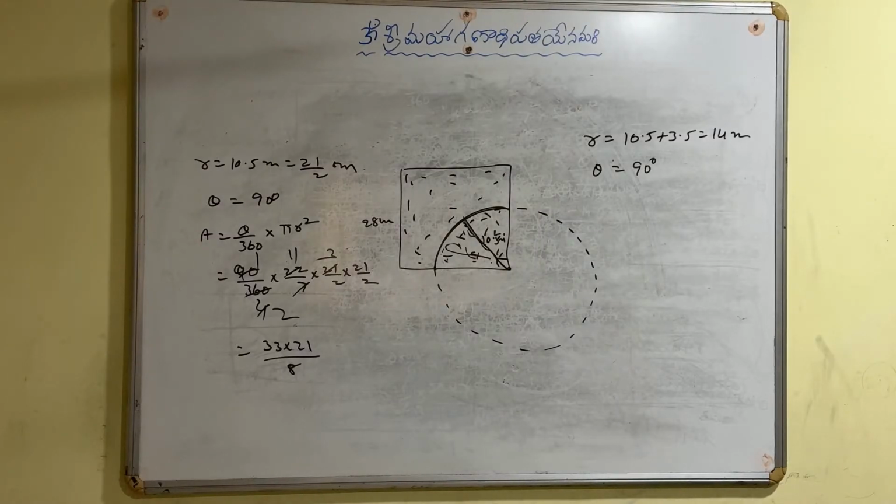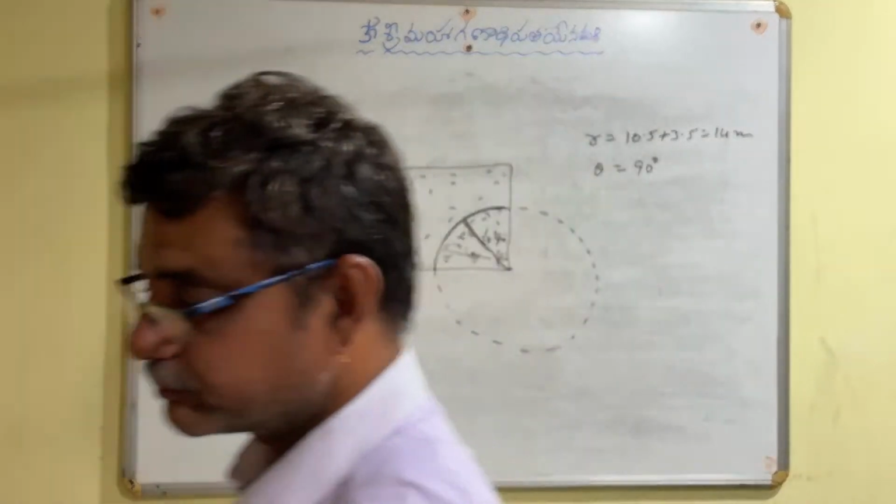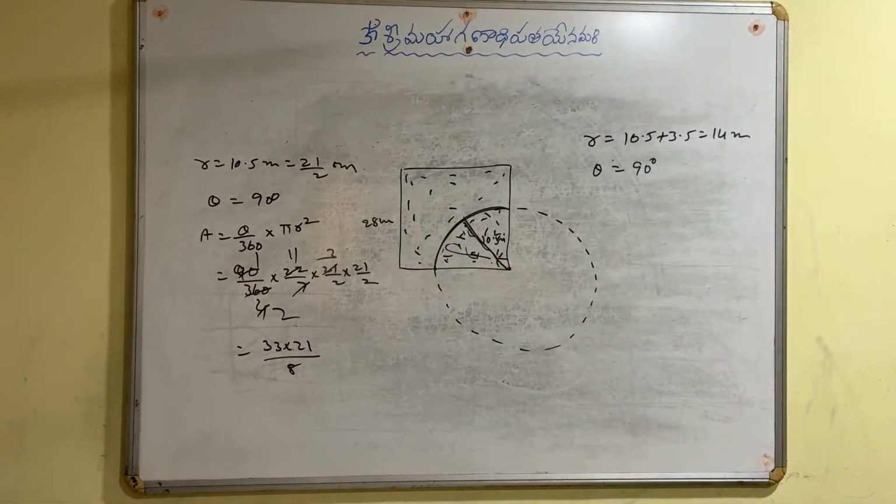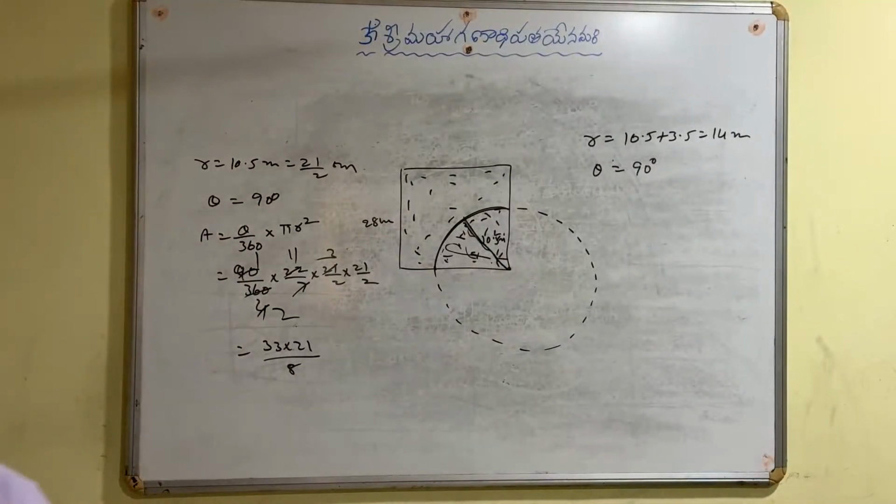Then you can find how much excess area the cow can graze when the length of the rope was increased by 3.5 meters. Is it okay, children?